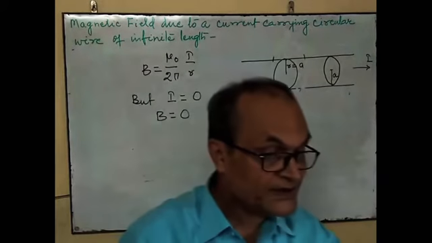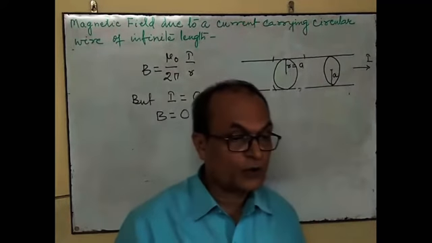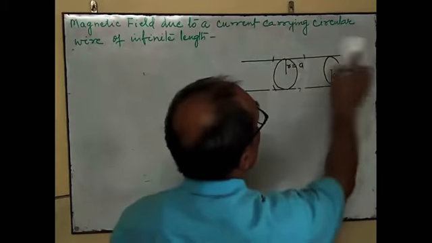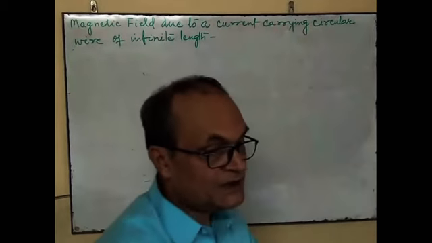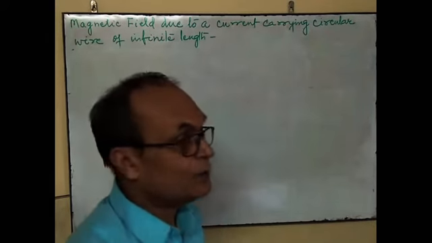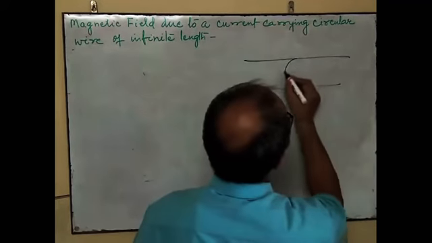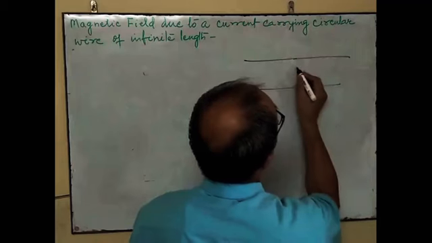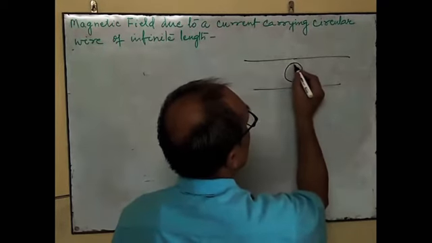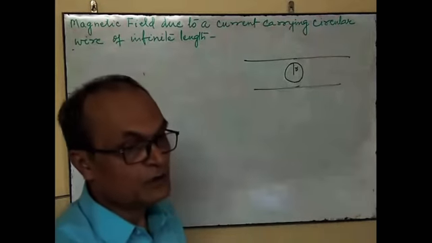Now we will consider if the current is uniformly distributed throughout the cross section of the wire. First of all, we are going to find the value of the current through this portion, whose radius is r, inside the wire.